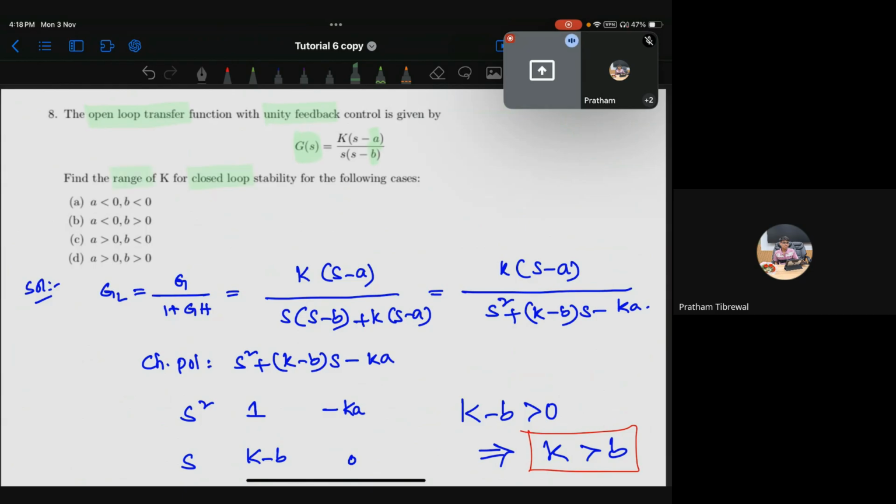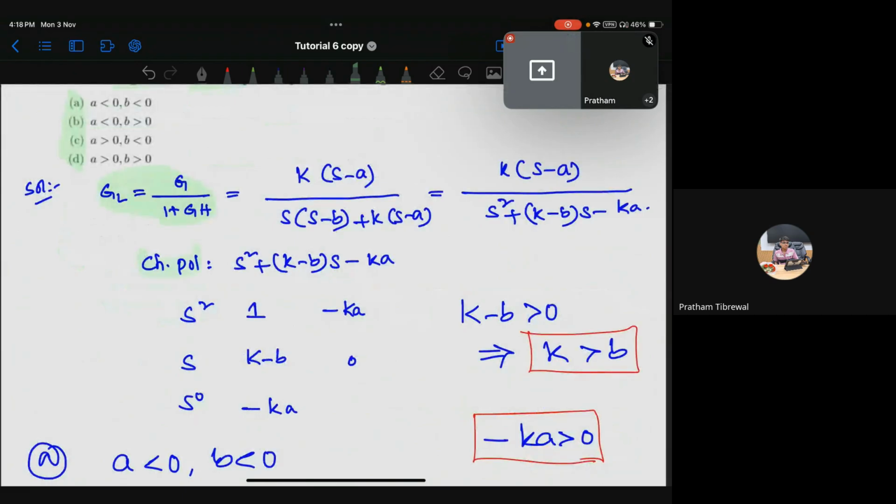You have to find the range of k for various cases. So first, as usual, we find the closed loop system transfer function, then the characteristic polynomial.